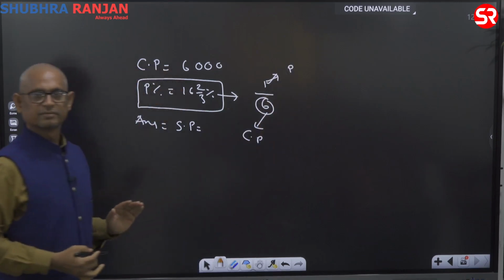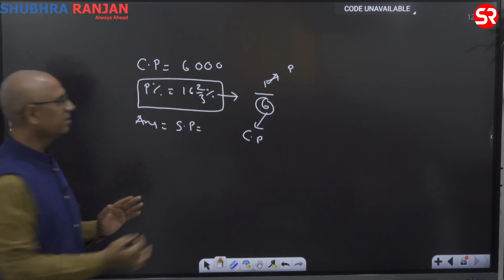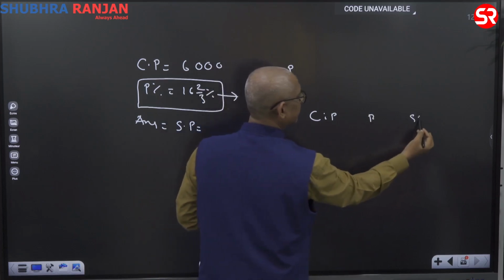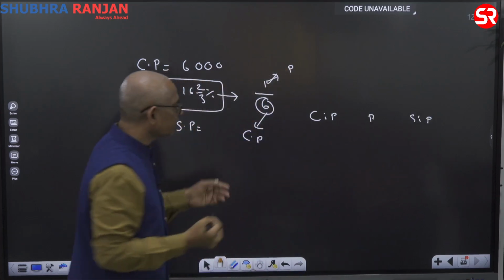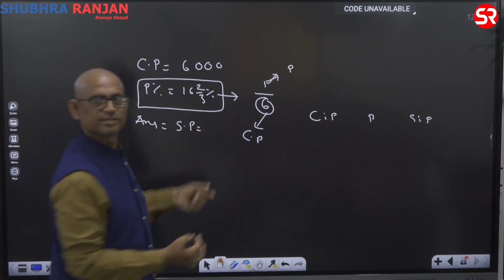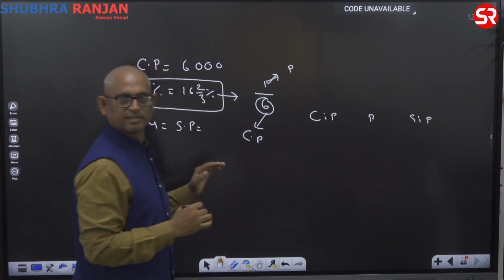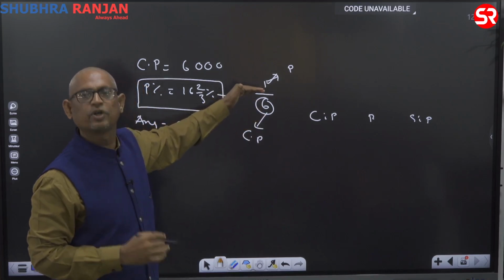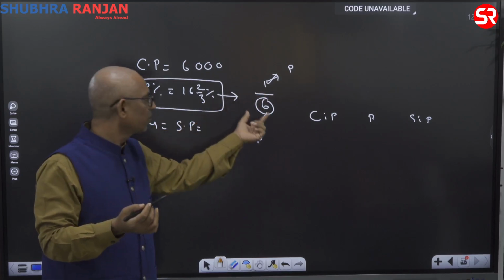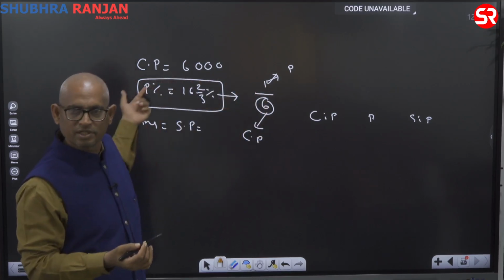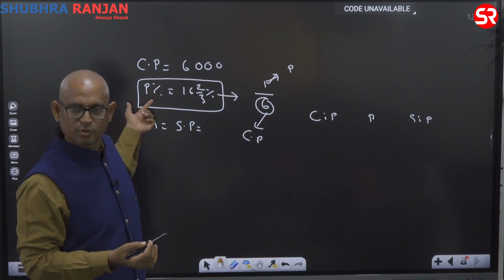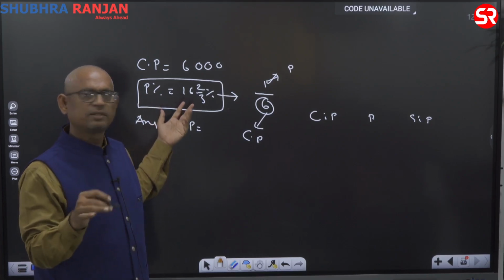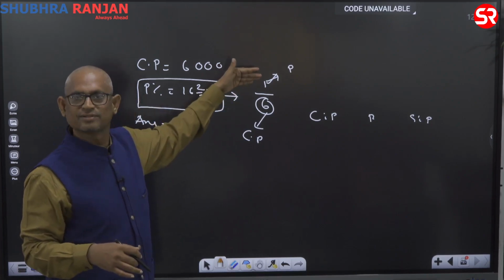So the logic is cost price, profit, selling price. How many units of cost price are there? 6 units. 1 by 6. Out of 6, you are getting one unit of profit. This is the source and this is the profit. The problem is related to cost price, profit and selling price. 2 by 3 also, out of 3 you are getting 2 parts.